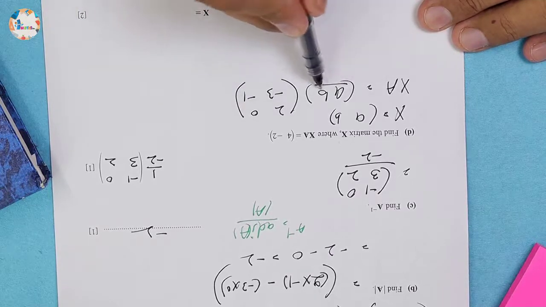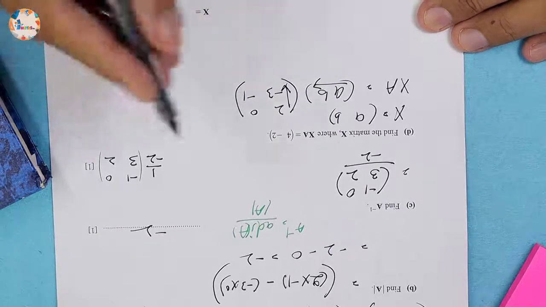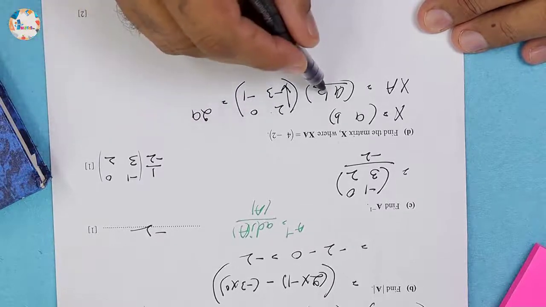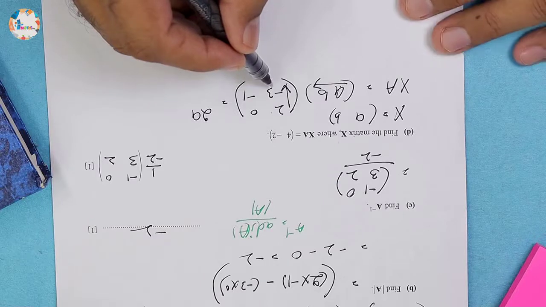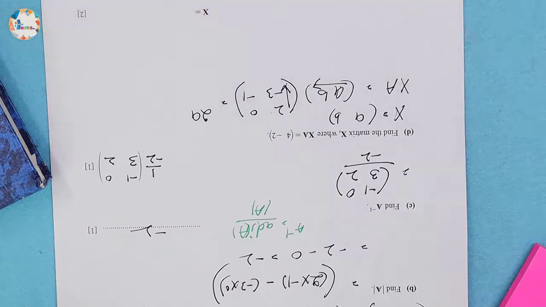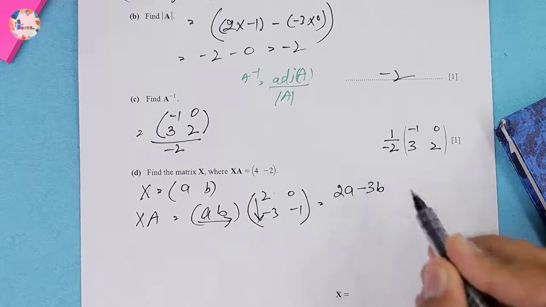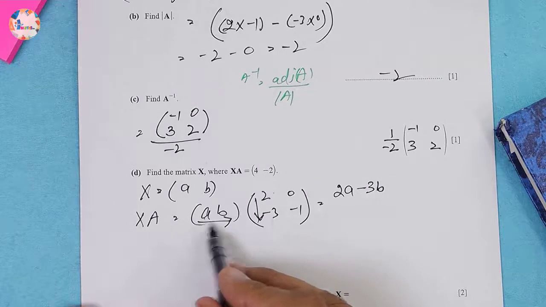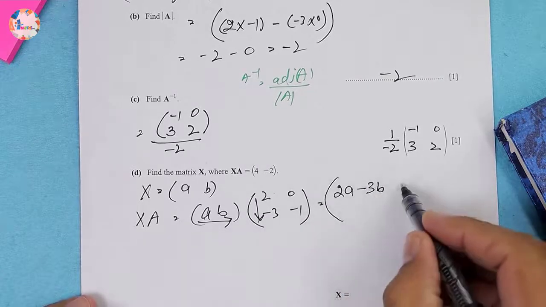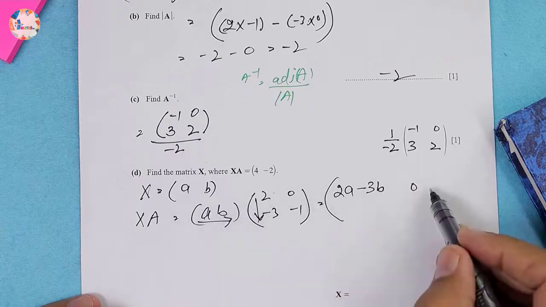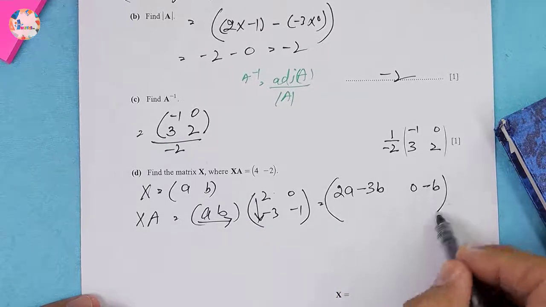Now we will multiply first row with first column, and this will give us 2A minus 3B over here, and then we will multiply first row with second column, and we will write here. So A into 0 will be 0, and B into minus 1 will be minus B over here.